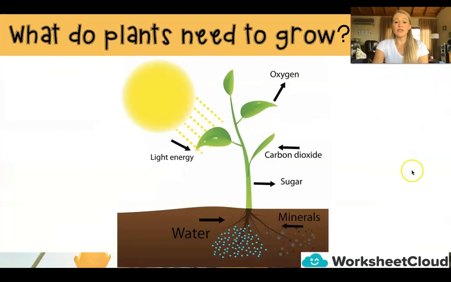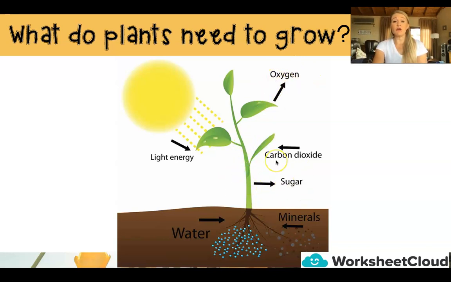Right, so here's just another picture to show you what plants need. We've got our sunlight, our light energy that's radiating onto the leaves. Then we have carbon dioxide that gets taken into the plant, and then oxygen is released, or should I say excreted from the plant. And I'm going to talk a little bit about that later.